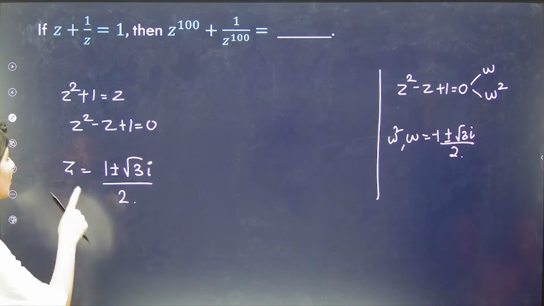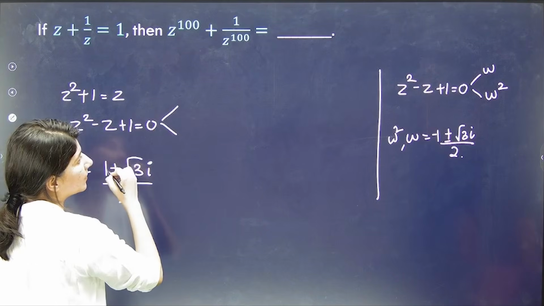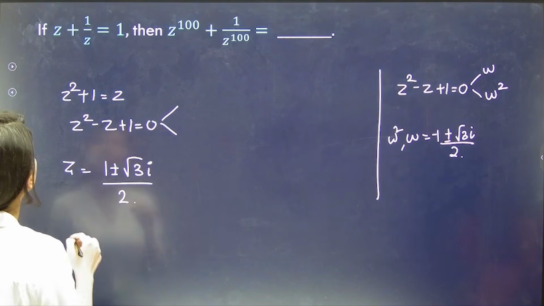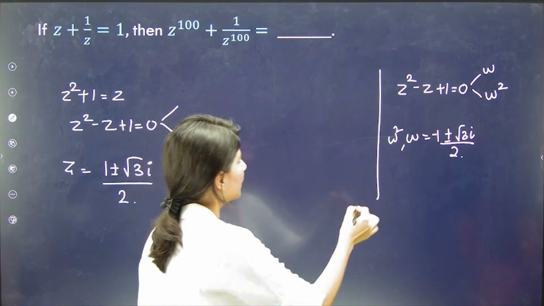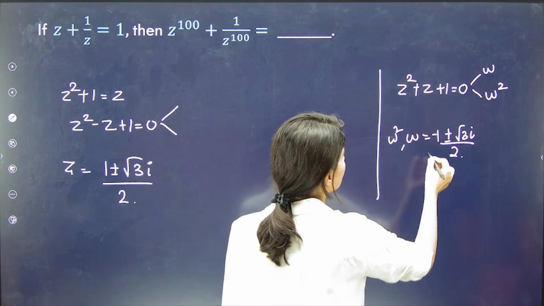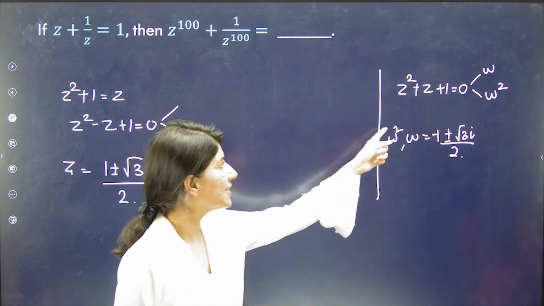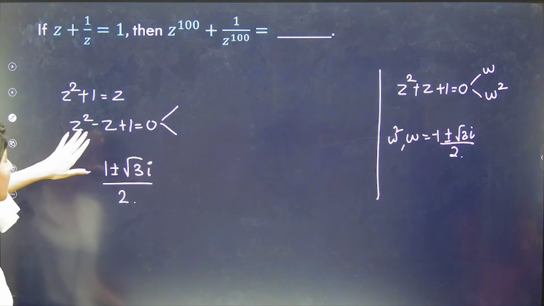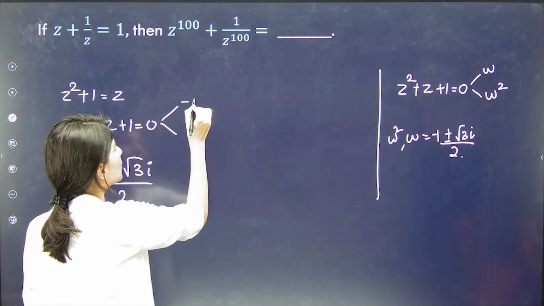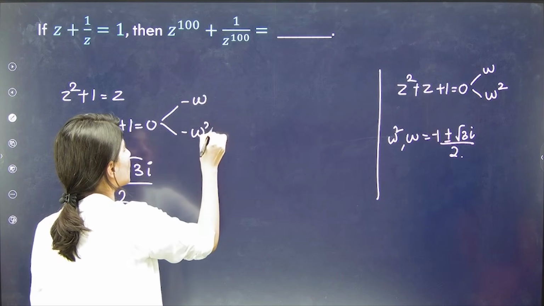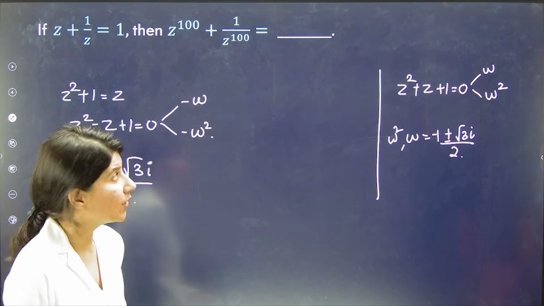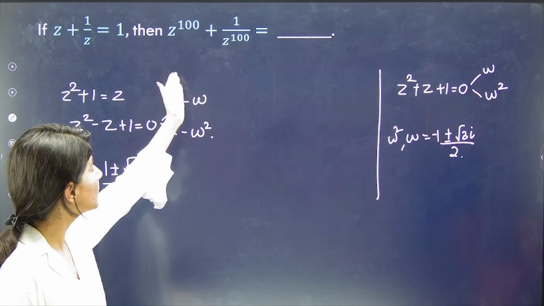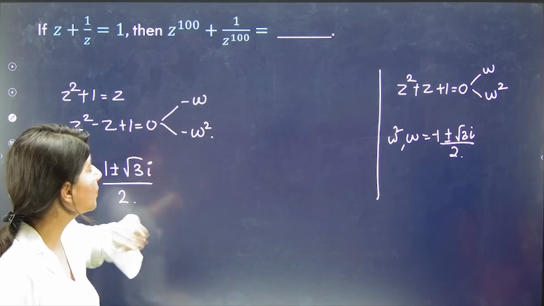That means, hold on, this is plus, sorry, plus wale mein minus 1. So z square plus z plus 1 has 2 roots, omega and omega square. Z square minus z plus 1 will have 2 roots, minus omega and minus omega square. Keep that in mind. That will help us in solving problems like this which have higher powers.